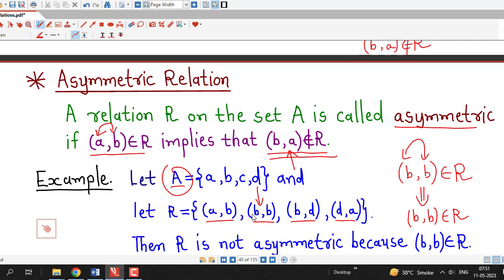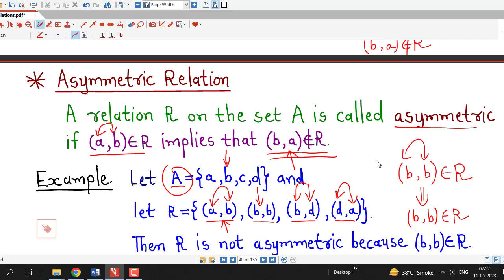So if you want to prove that your relation is not asymmetric, you have to find at least one element such that this condition is not satisfied. For other elements, we can see if I change the order here, then I obtain the element (b, a) that is not present in R. Here also, if we change the order of components, the resulting ordered pair is (b, b)... and the same thing here.